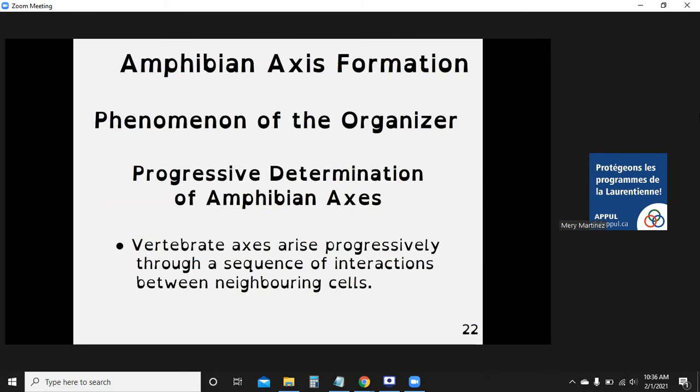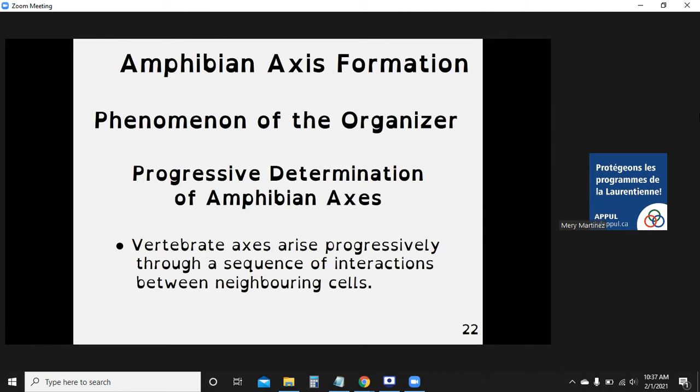Now, we have a progressive determination of the amphibian axis. Vertebrate axes arise progressively through a sequence of interactions between neighboring cells. So we're going to have a little bit of a conditional determination, right? Because the neighboring cells are telling, based on their position and the concentration of these gradients, what part of that embryo they need to form.